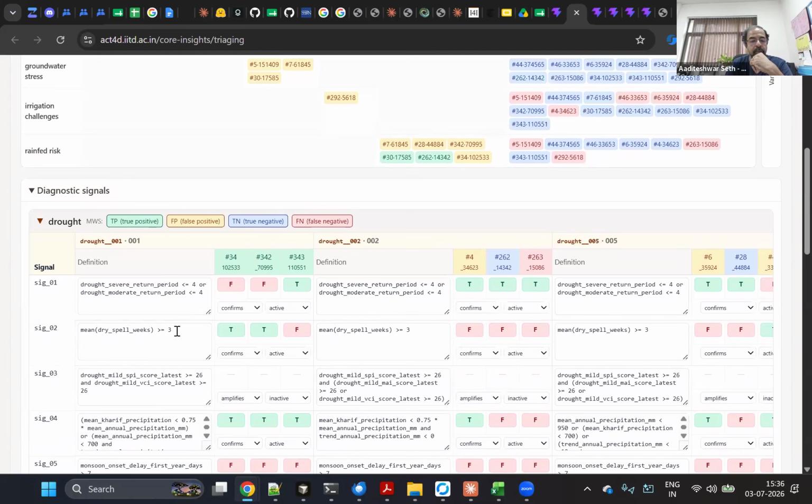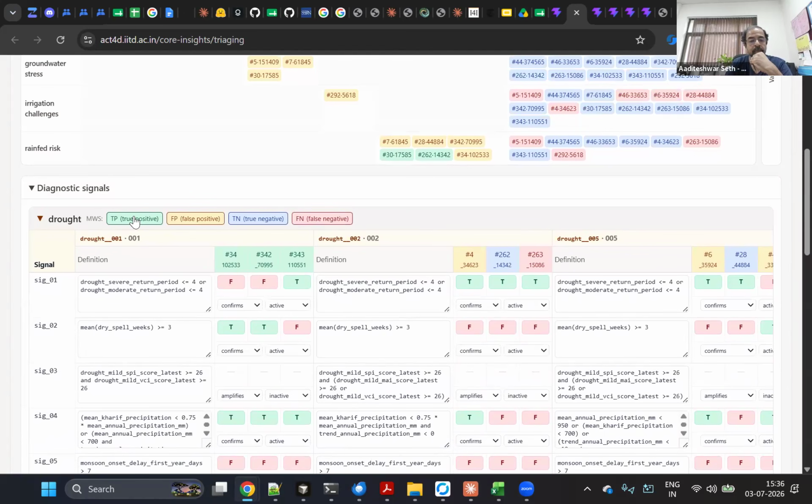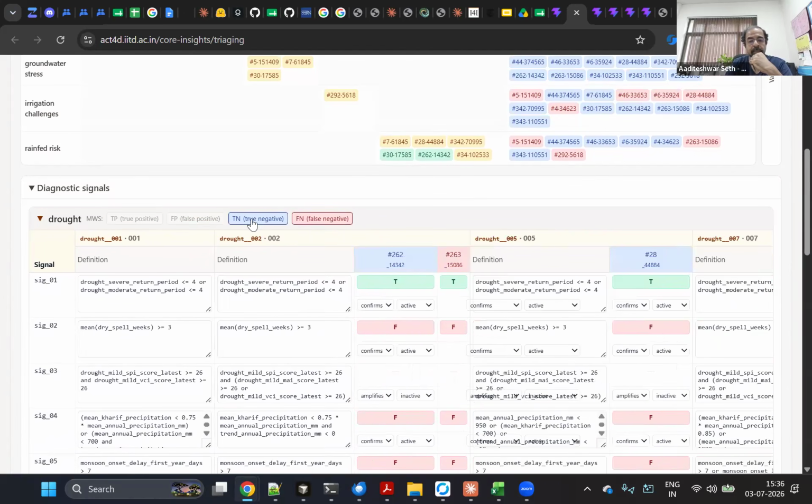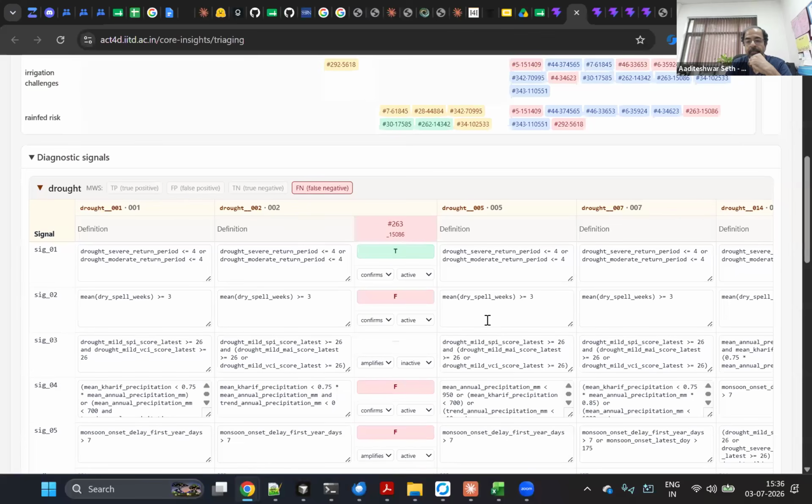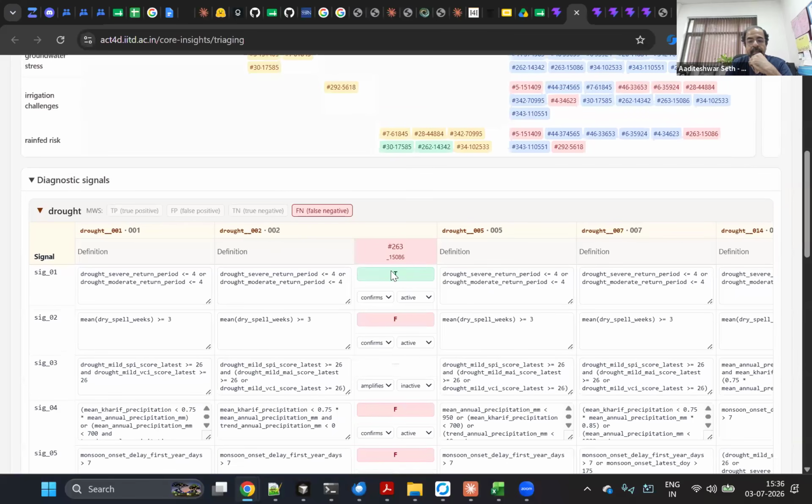If you just want to look at the red ones, this is the one on which you made a mistake. This is saying that severe return period is 8 and moderate drought return period is 2 years for this micro watershed, but your expression is saying that I will only trigger on true if this one is less than 4 and this is also less than 4. But this one is 8, so the second one is fine, moderate, but the first one is not fine.